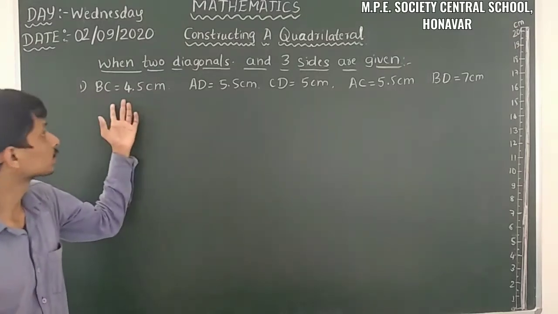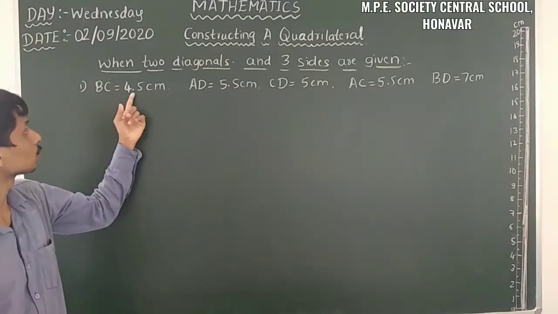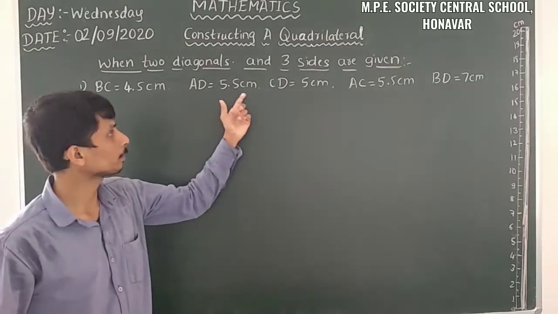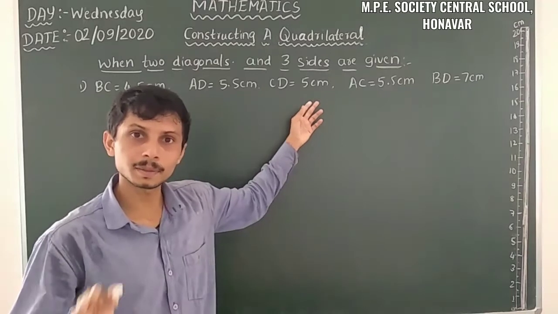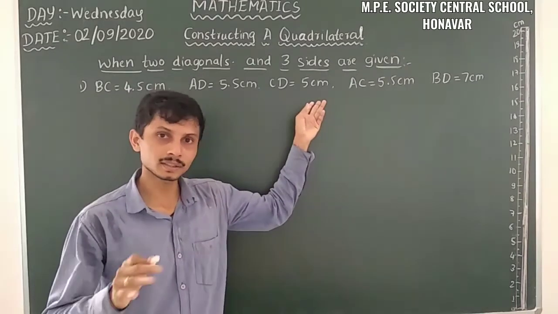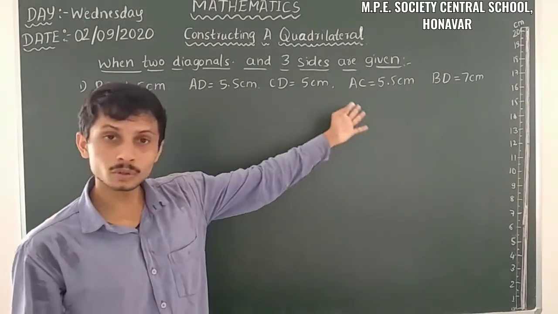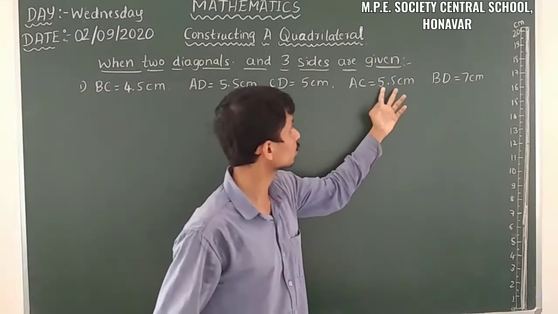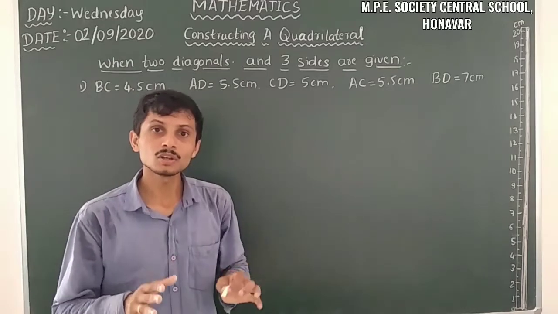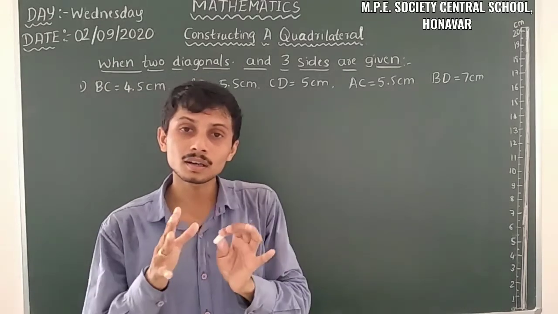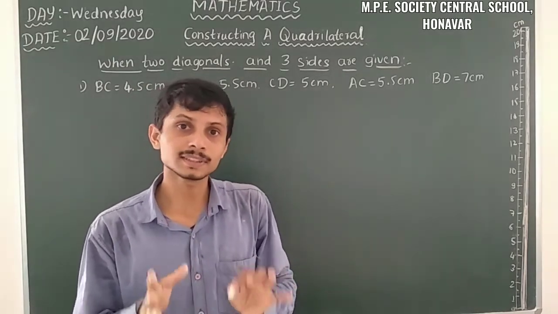We have three sides, BC equal to 4.5 cm, AD equal to 5.5 cm, and CD equal to 5 cm. The fourth side AB, we don't have its length. Two diagonals are given, AC equal to 5.5 cm and BD equal to 7 cm. We have to construct the quadrilateral ABCD.